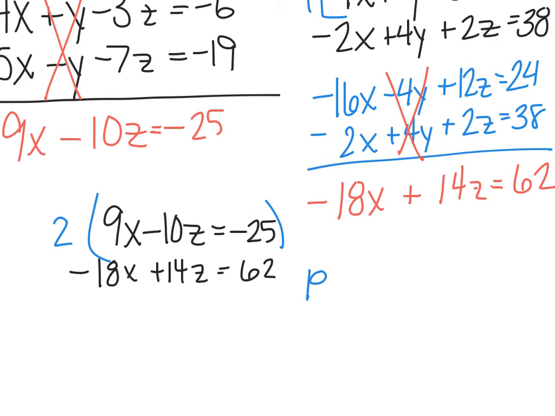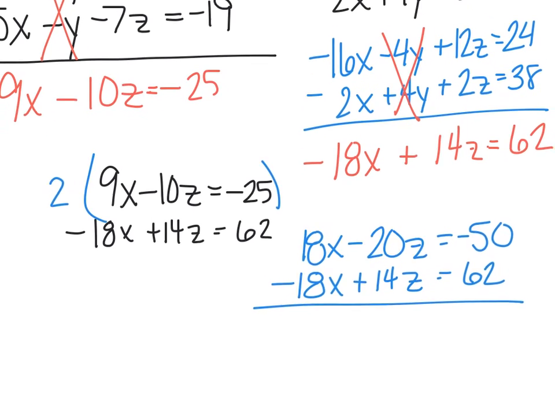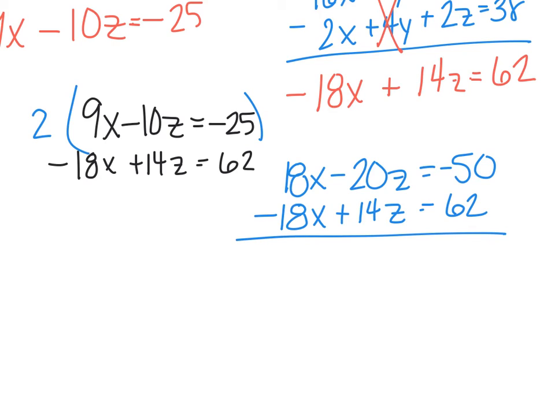So that's going to get me 18x minus 20z equals -50. And then I multiply basically the bottom by 1, plus 14z equals 62. And if I add those together, let's see, that'll cancel that out, and I should get -6z equals 12.